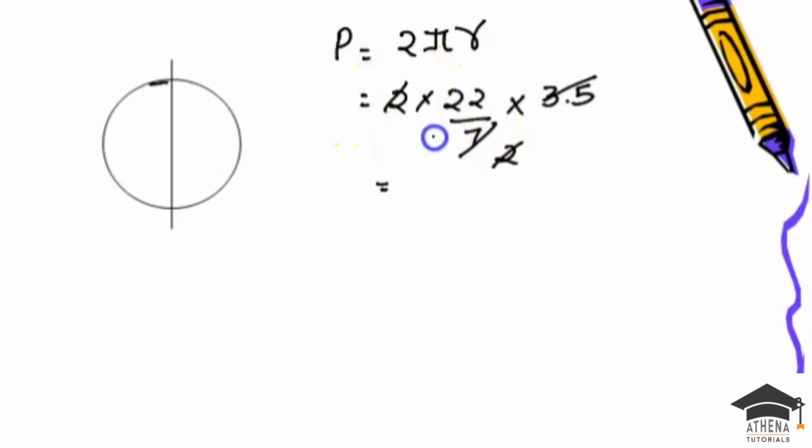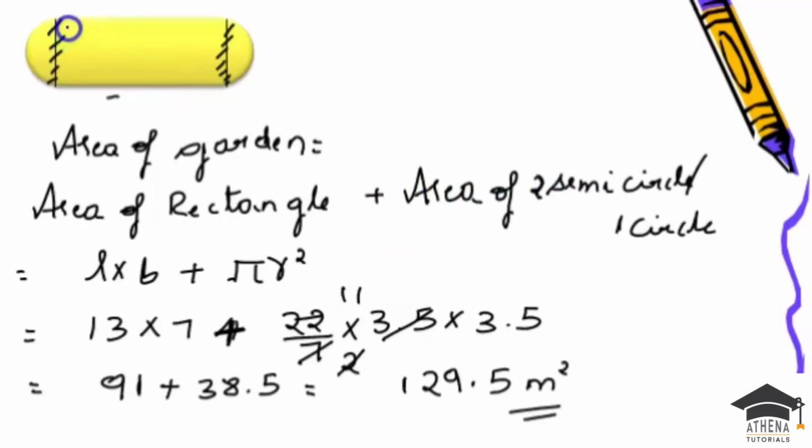So perimeter of a circle will be 22 meter. Observe this carefully. We got to know this entire circle. This part also we know the length, which is equal to 13 meters. If we add this entire part, we'll get the perimeter of the entire garden.